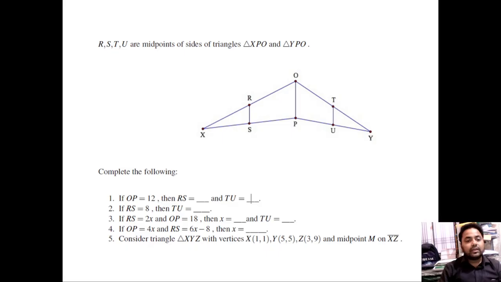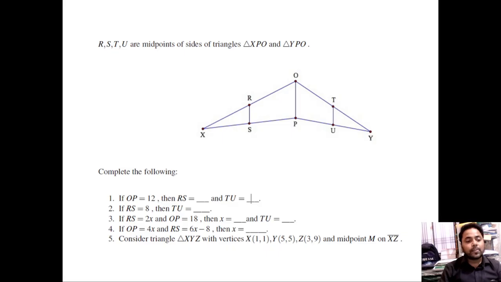In triangle XPO and triangle YPO, if OP is equal to 12, then RS is equal to what and TU is equal to what? If RS is equal to 8, then TU is equal to what? If RS is equal to 2x and OP is equal to 18, then x is equal to what and TU is equal to what? If OP is equal to 4x and RS is equal to 6x minus 8, then x is equal to what?